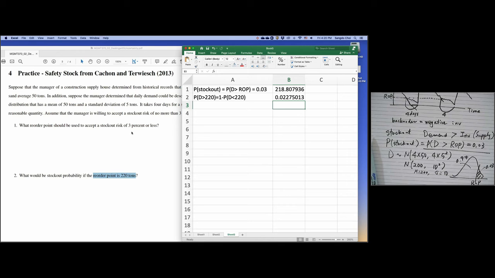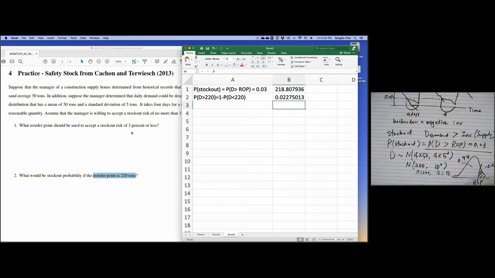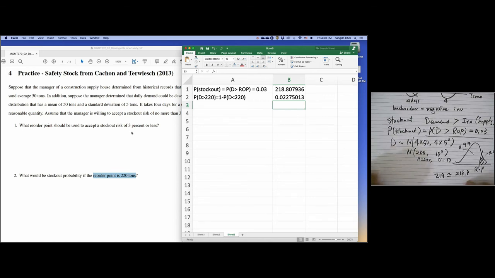Mean value, what is the mean value? 200. What is the standard deviation? 10. So then you have 218.9, or almost 219. Not 218.8, and anyway it is not an integer number. So if you have 219, then your stock out will be almost 3%. So we solved this problem.